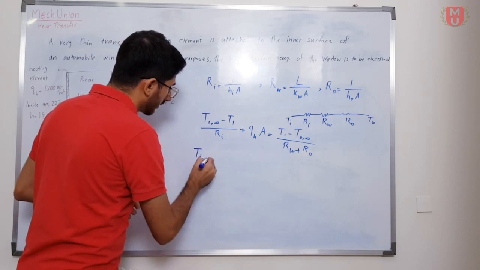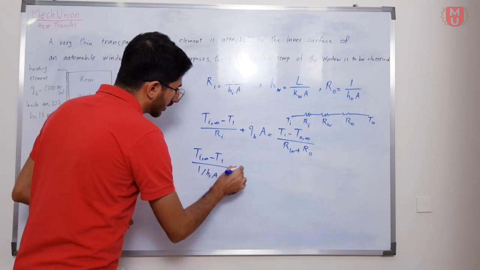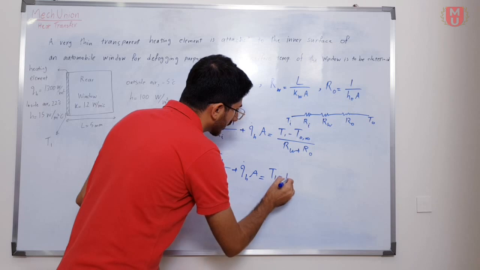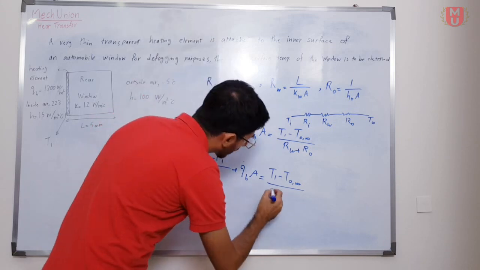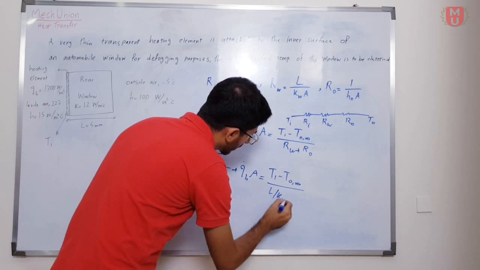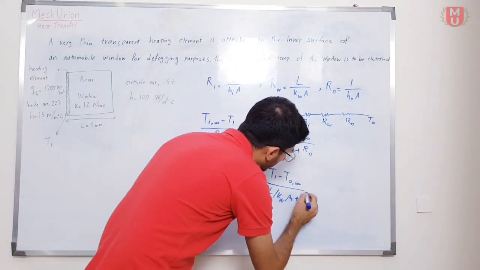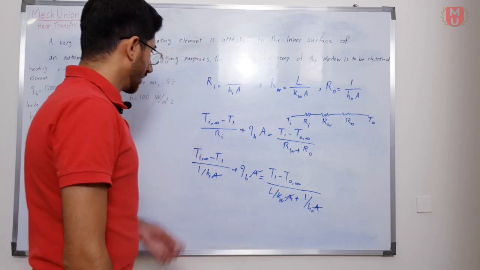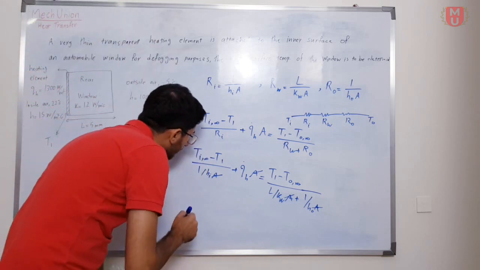T of I infinity minus T1 over 1 over H I A plus Q dot of H times A equals T1 minus T outside over R of window, L over K window A plus 1 over H outside times A. A cancels out from our equations, get rid of it, and what is left over is just substituting the numbers.